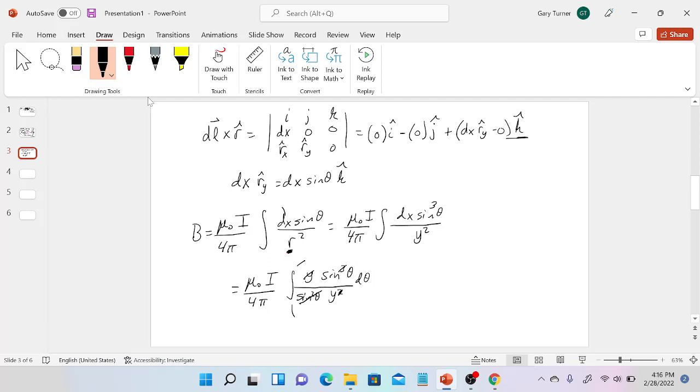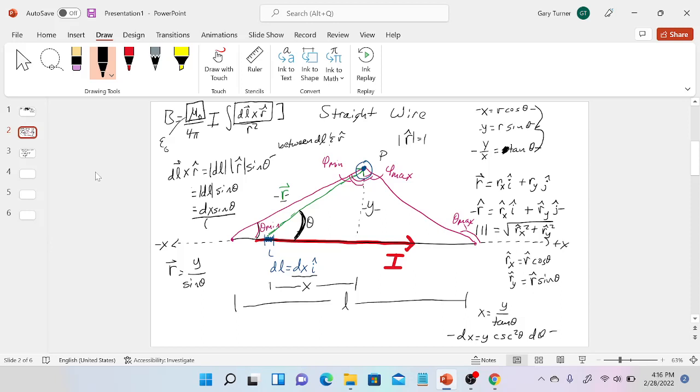And the limits are going to be those theta min and theta max, whatever the case may be. So theta min, and we'll use this angle.